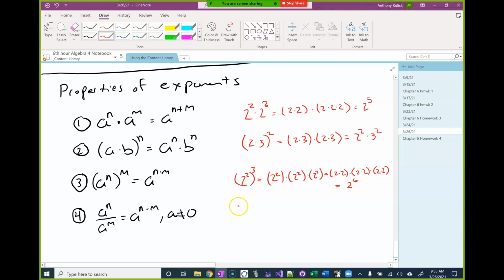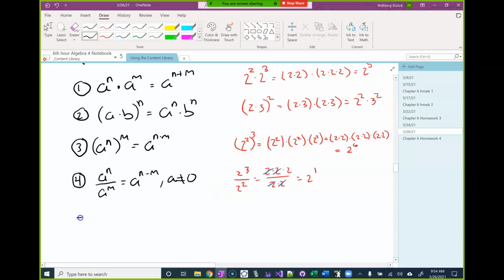The easy way to think about it is, if I have 2 to the third over 2 squared, that's 2 times 2 times 2, and then 2 times 2 on the bottom. Those cancel out, and I'm left with 2 to the first. Everybody okay there? Again, just like what we've been doing, we're just formalizing that into a property.